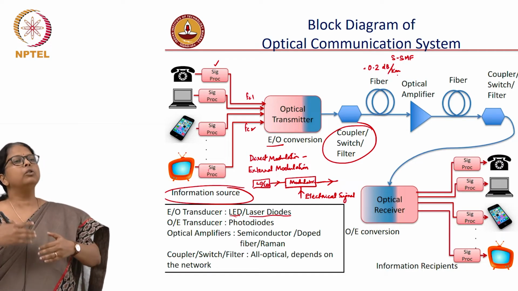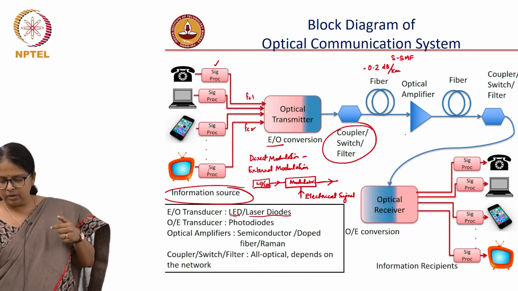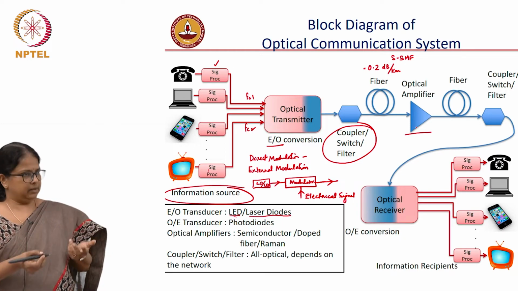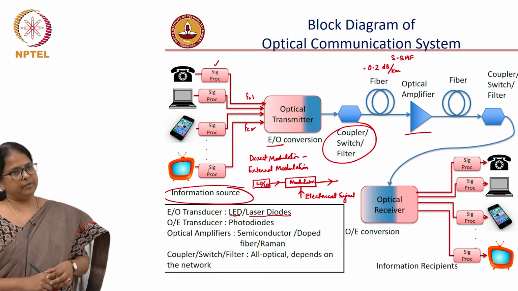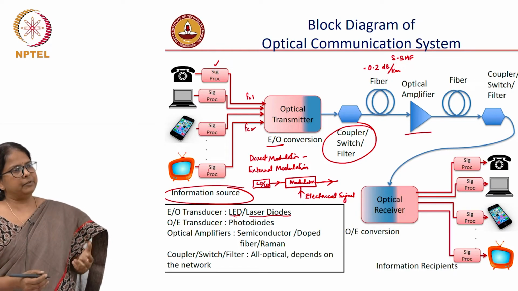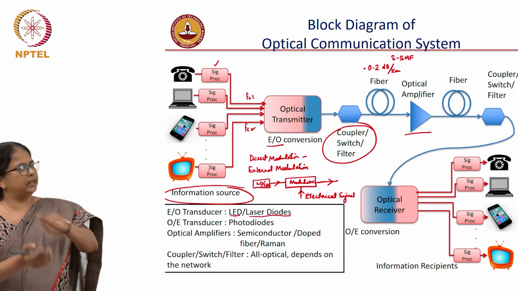And so if you want to transmit for longer distances, you need to boost up the power somewhere in the middle, and that is done by an optical amplifier. An optical amplifier will amplify optical power without converting it into an electrical domain.